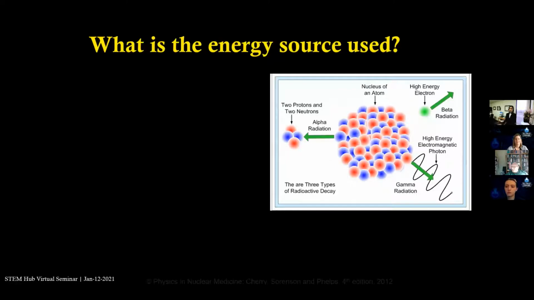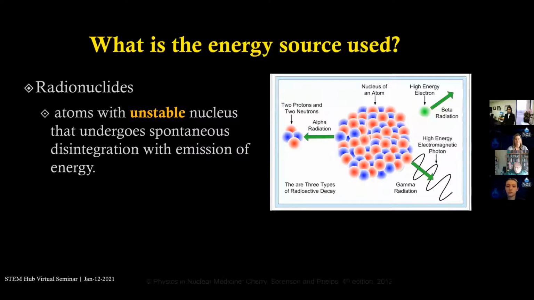And what is the energy source that is used? Here we use radionuclides. Again, what are radionuclides? These are atoms with an unstable nucleus, and they undergo spontaneous disintegration with emission of energy, either alpha, beta, or gamma. And in our case, we are interested in the gamma rays.